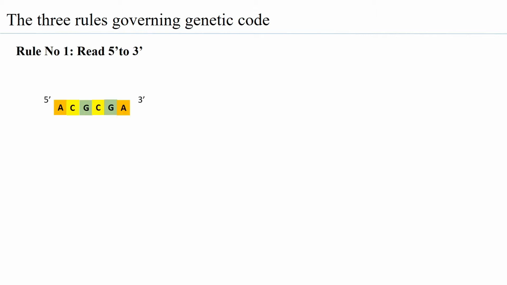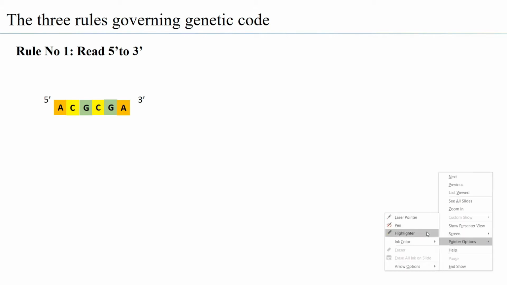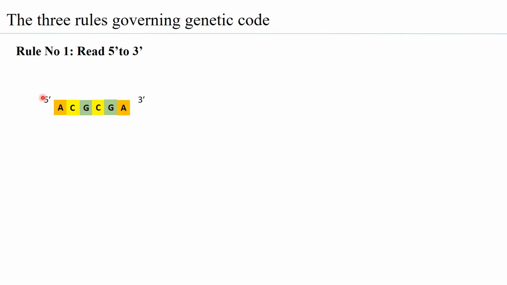So let us consider a hexanucleotide, or a 6-mer. It has a 5' end, and of course it will therefore have a 3' end. So this is the 5' end, this is the 3' end, and as per the rule, this has to be read in this direction.